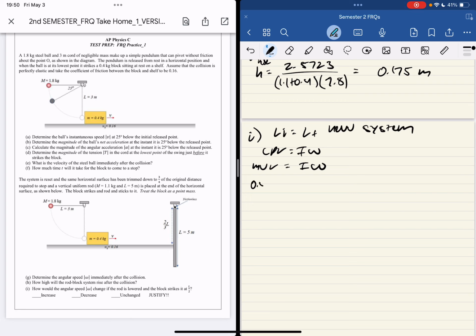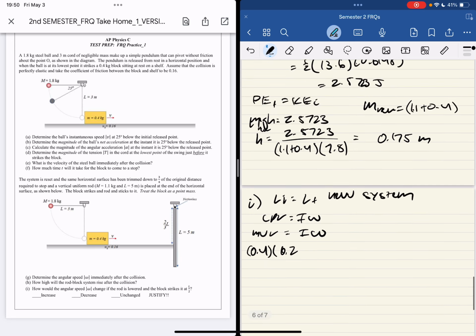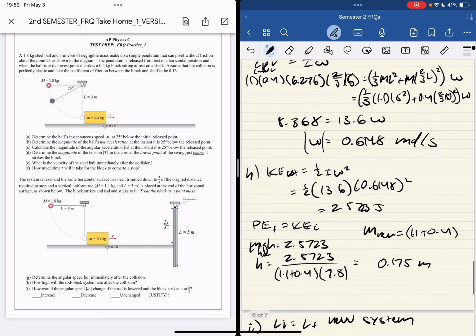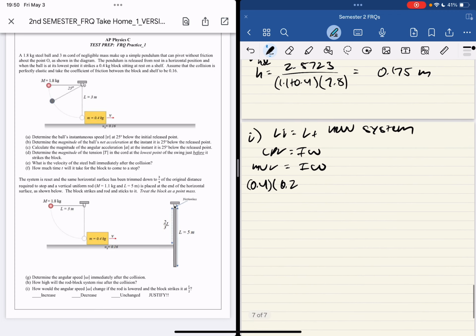Okay, now we can start plugging in our values. This m here is going to be the block, so 0.4. The speed is the same, 6.276. The r is going to be L over 2 now, which is 5/2, instead of 2/3 L. So that equals I omega.